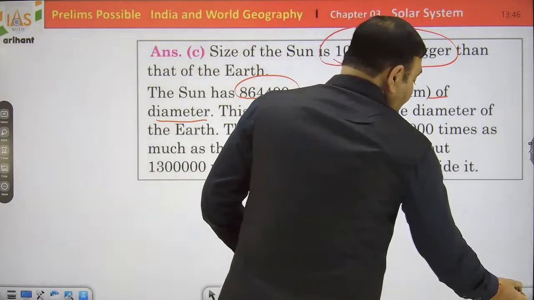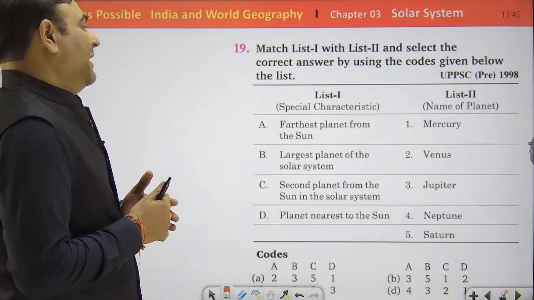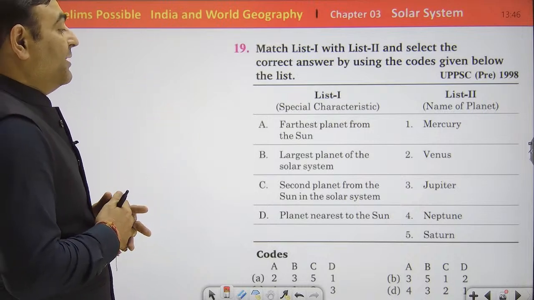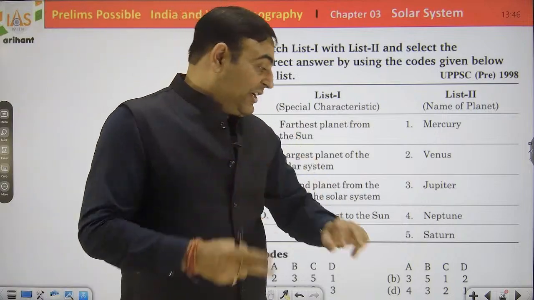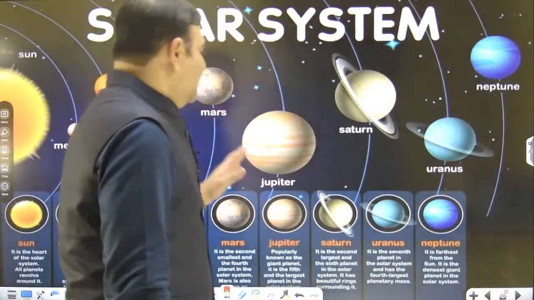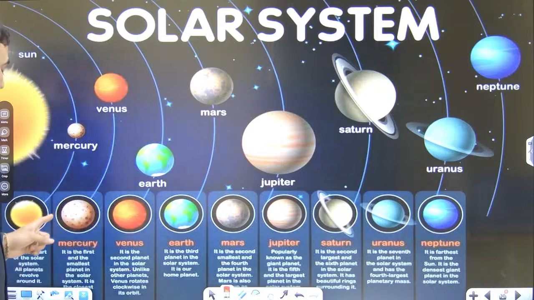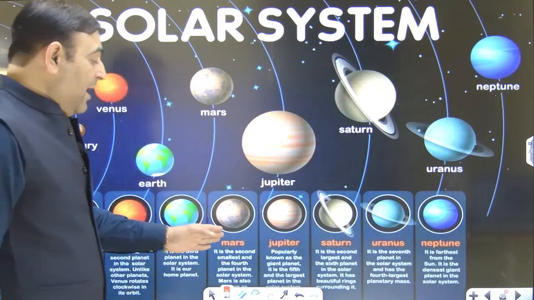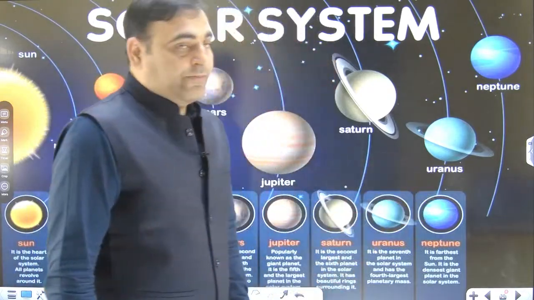Next question. Match list 1 with list 2 and select the correct answer. The farthest planet from the sun. My very efficient mother just showed us nine: Sun, Mercury, Venus, Earth, Mars, Jupiter, Saturn, Uranus, Neptune.